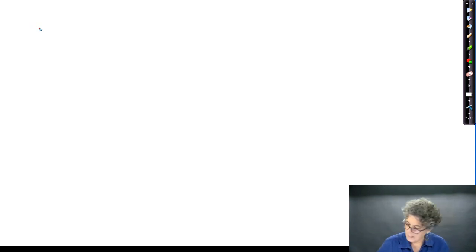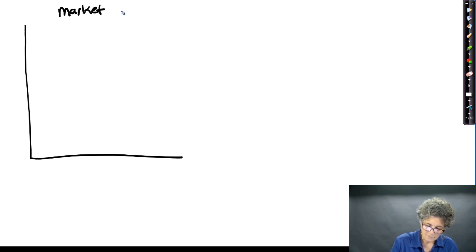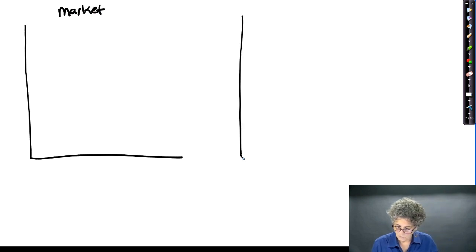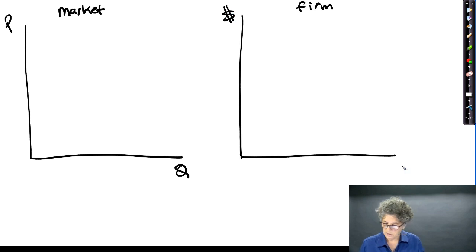All right, once again, let's start with our standard setup. So we're going to have the market here on the left and the typical firm here on the right. Price on the vertical, market quantity on the horizontal on the left, bunches of stuff measured in dollars on the vertical, typical firm quantity on the horizontal for the picture of the firm.